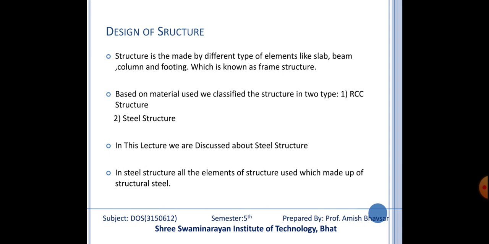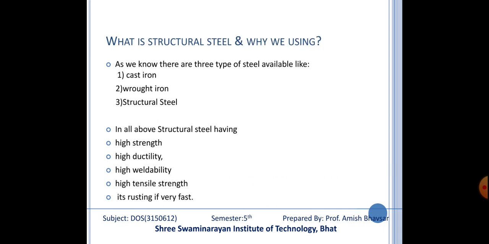So in our mind there is a question: why are we using steel, and what is steel? For that we have to discuss structural steel. We know there are three types of steel available in the market. First one, cast iron, that is also steel. Number 2, wrought iron, which is also steel.